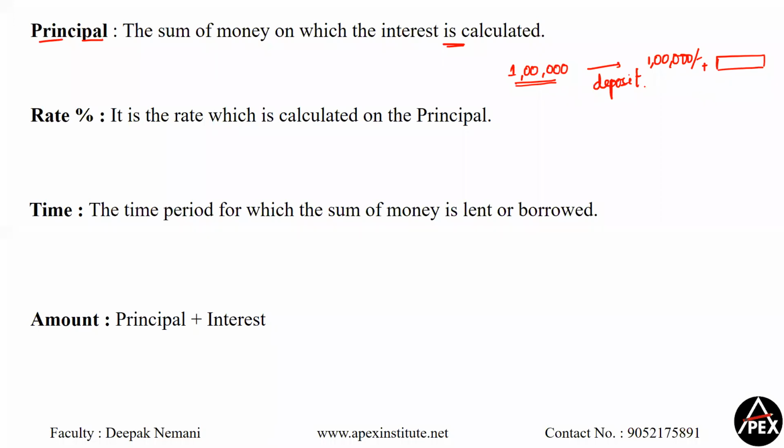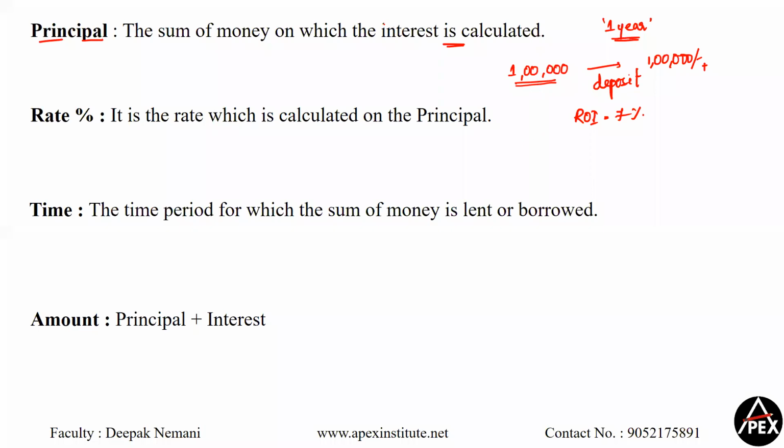Now why will I deposit this 1 lakh in a bank? Because I will be getting an extra amount. For example, if the bank has displayed that the rate of interest is 7%, what will be the interest that I will be getting after 1 year?